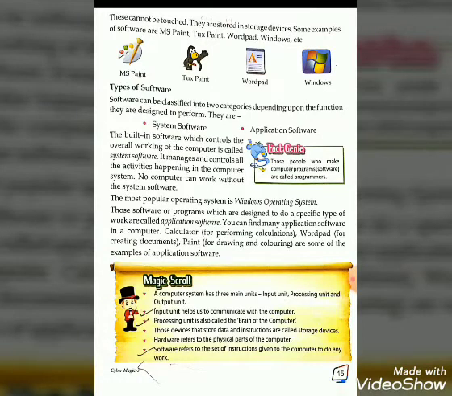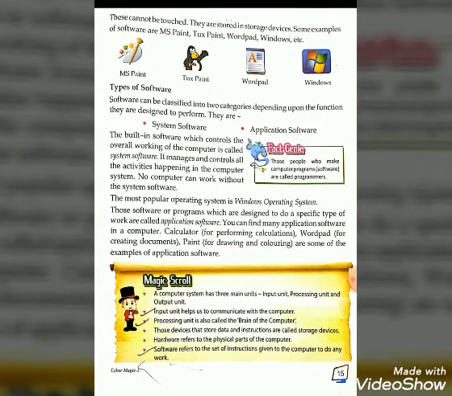But here, for application software, those software or programs which are designed to do a specific type of work are called application software. You can find many application software in a computer.